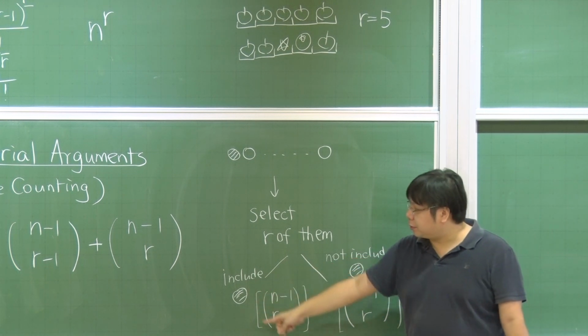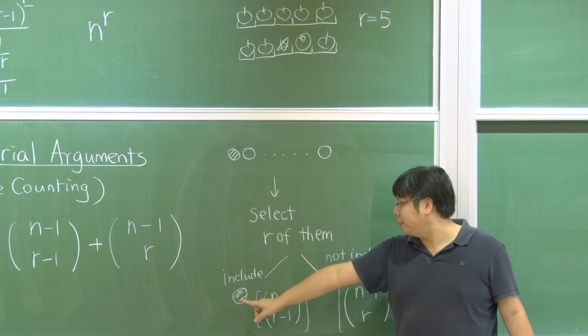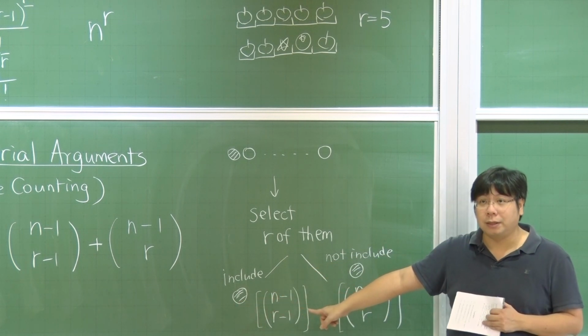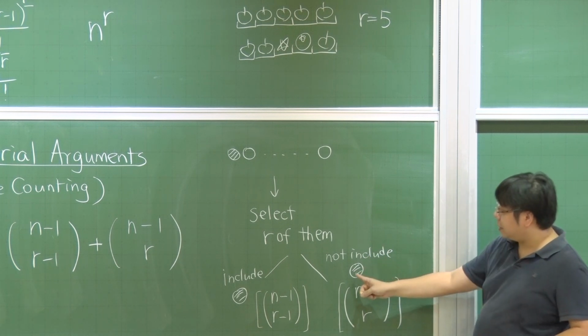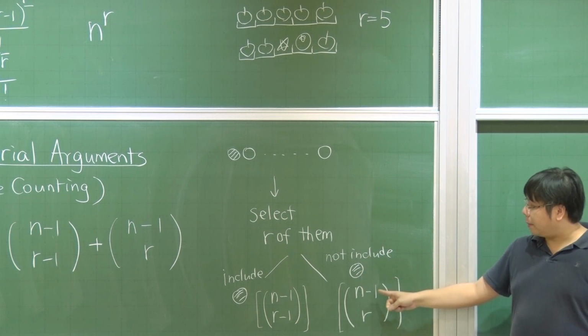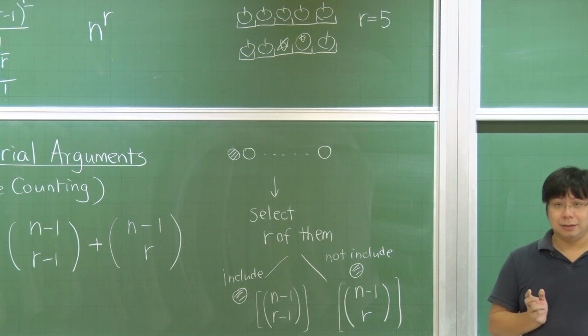So the number of ways to do the selection of the first type, which includes this strawberry ball, is n minus 1 choose R minus 1. And the number of ways that does not include this special one is n minus 1 choose R. Okay?